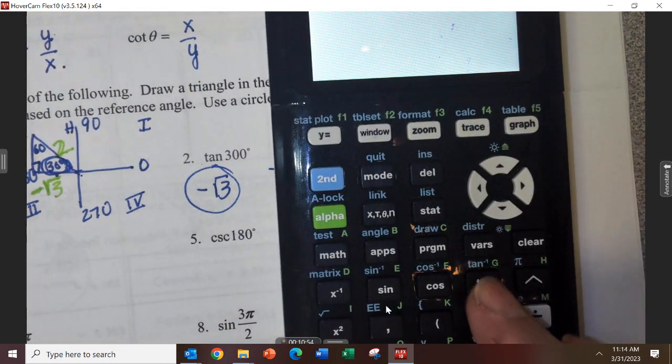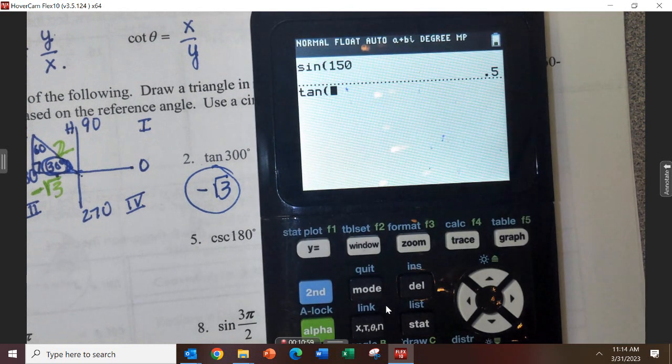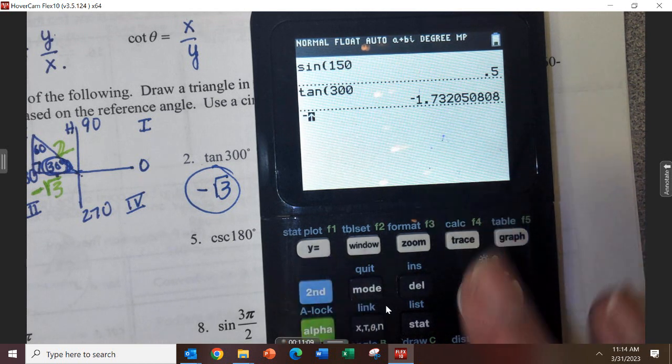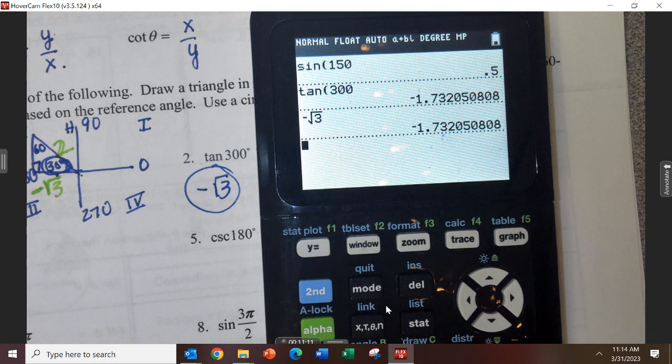Go to your calculator. Type in tangent of 300. Enter. Well, I need to know, is that equivalent to what I found? Well, the answer I got was negative radical 3. Yes, it's the same thing. So we're good.